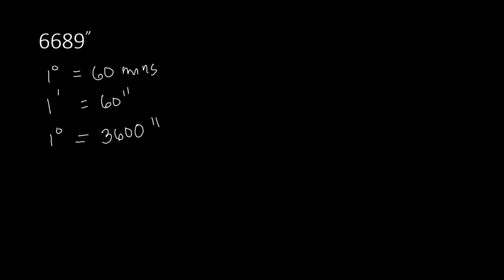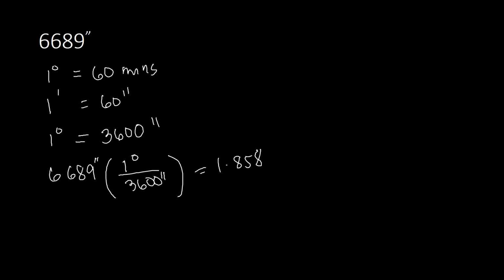So if we wish to convert 6,689 seconds to a degree, we are to utilize this conversion, wherein we have 1 degree over 3,600 seconds. So dividing 6,689 by 3,600, we have that as equivalent to 1.858 degrees. Rounded off to the nearest hundredth, we have 1.86 degrees.